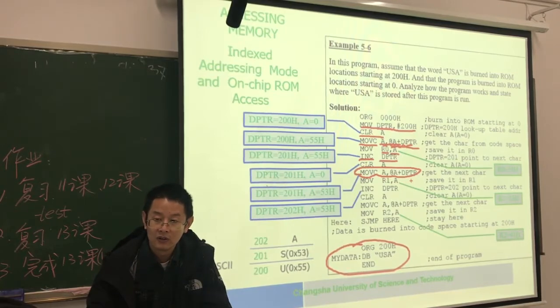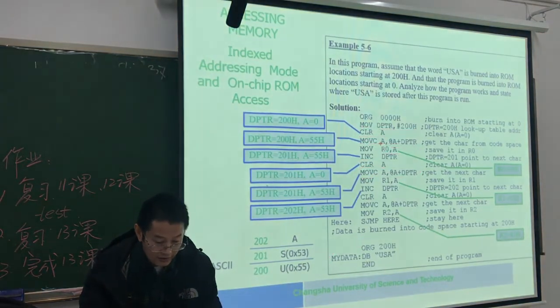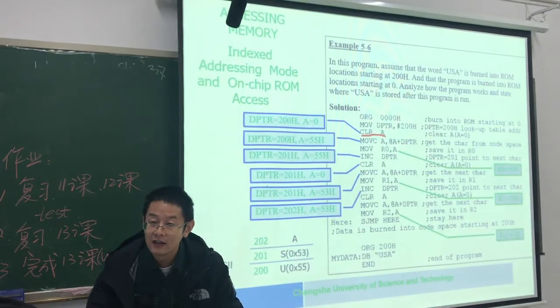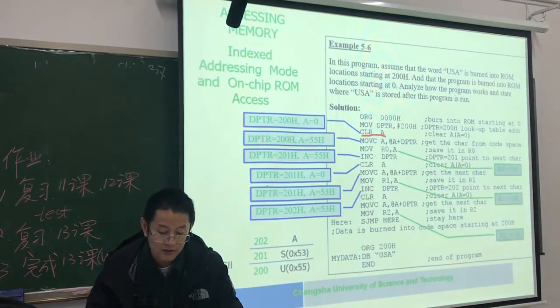On clear A, the second line, clear A, A is equal to 0. The next line, A is equal to 55. You mean here clear A? Yeah, that is 0 here.